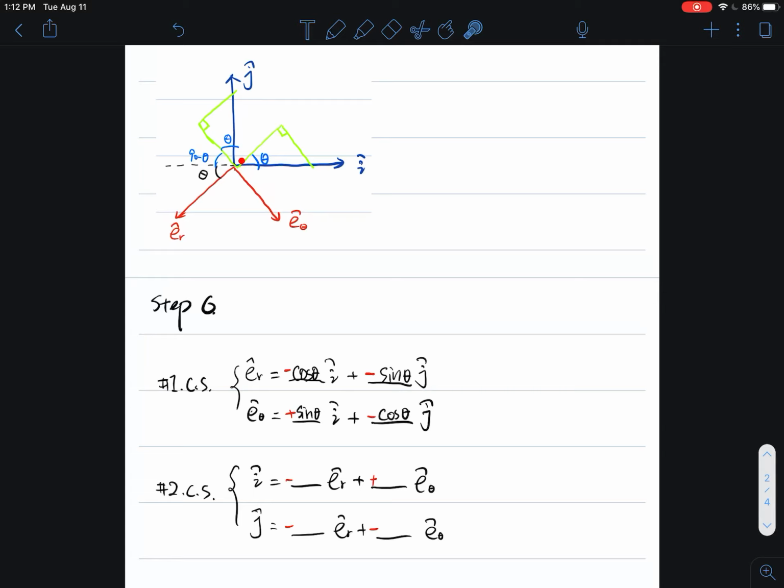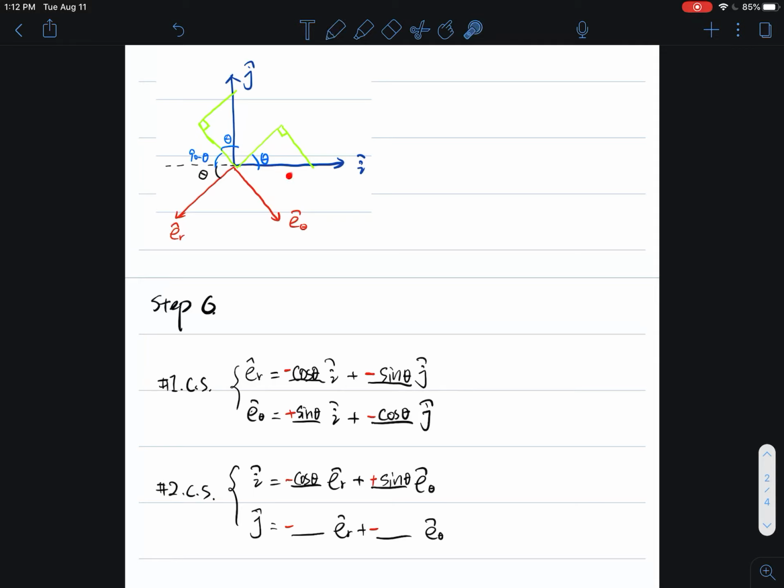And we can use cosine theta, which is this length divided by the hypotenuse, which is 1. So the first blank is going to be cosine theta. Of course, the second blank is going to be sine theta.